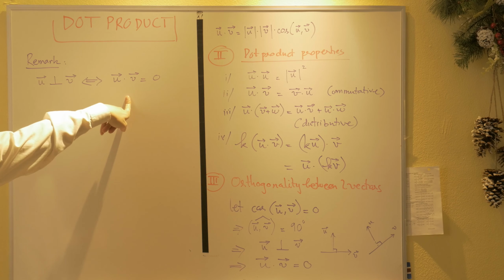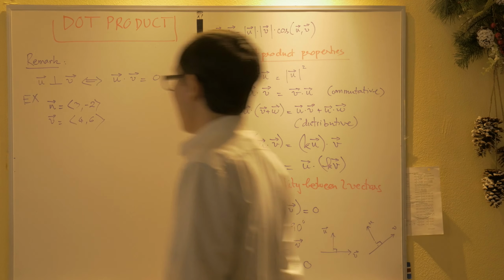Okay, let me give you an example. I give you two vectors. u is (3, -2), and vector v is (4, 6).